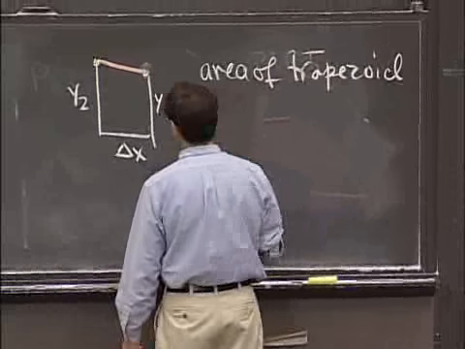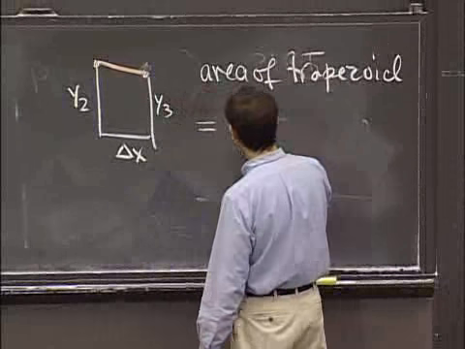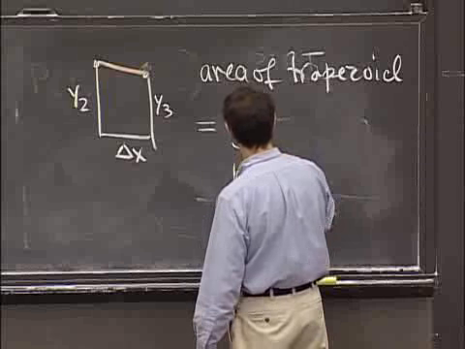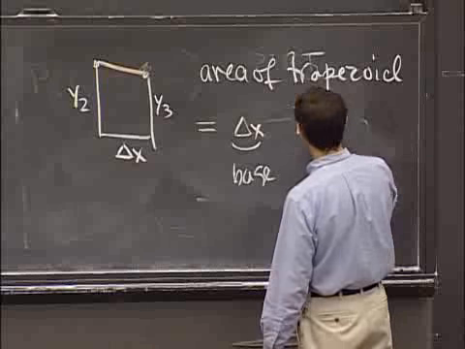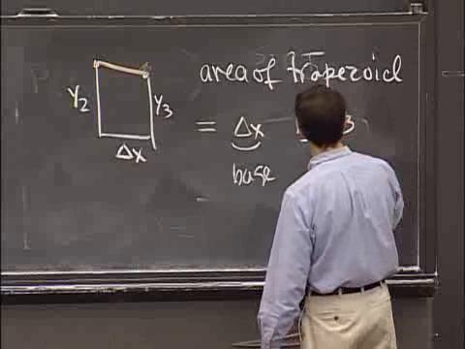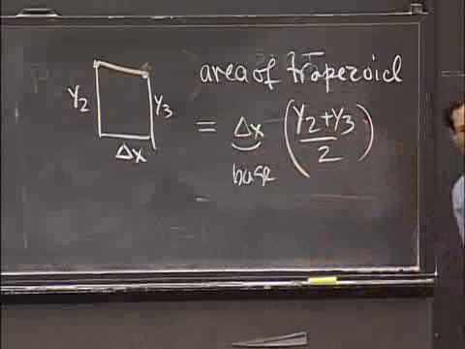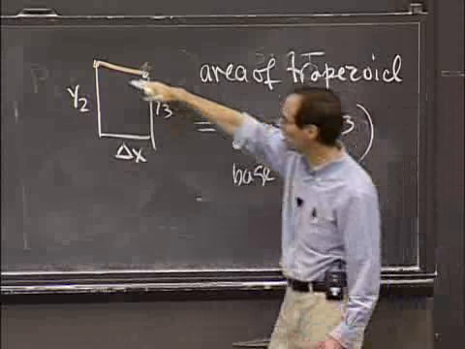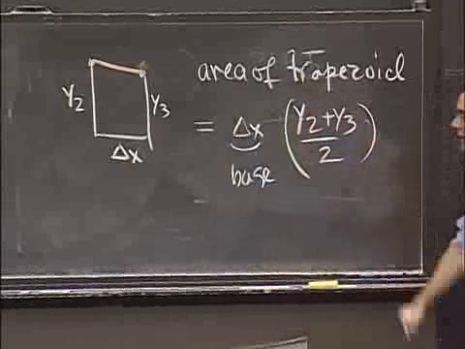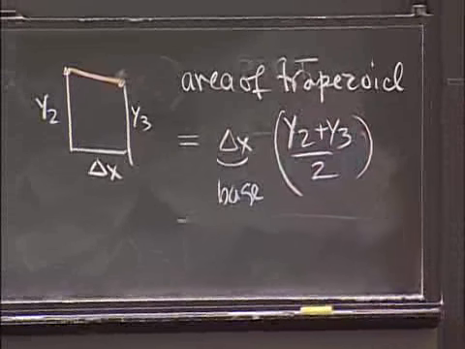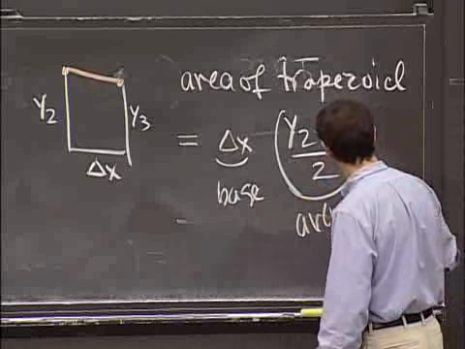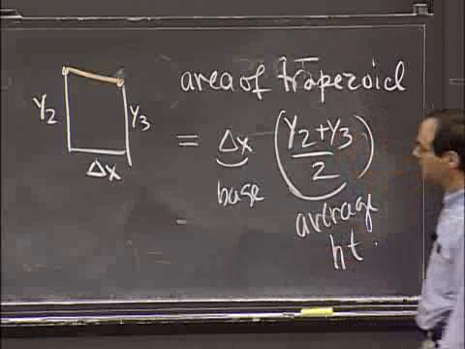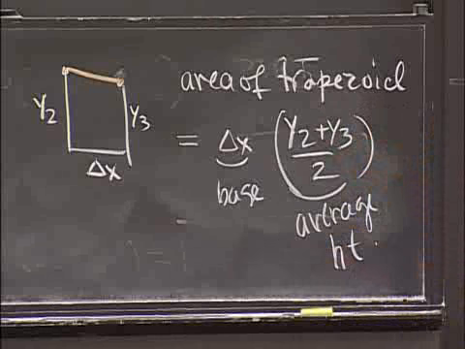And what do I get? I get the base times the average height. If you think about it, if you work out what happens when you do something with a straight line on top like that, you'll get this average. All right, so this is the average height of the trapezoid.